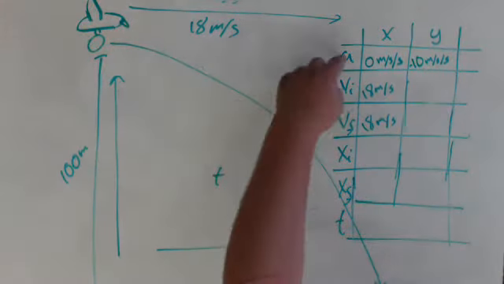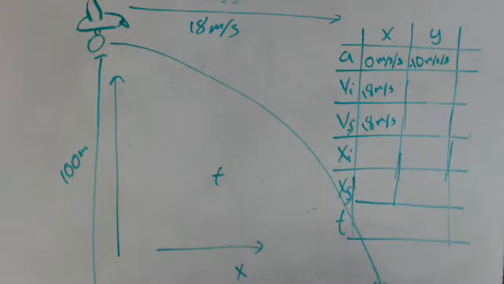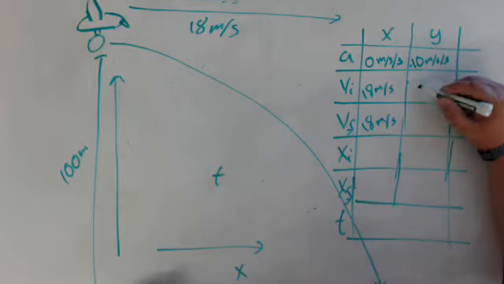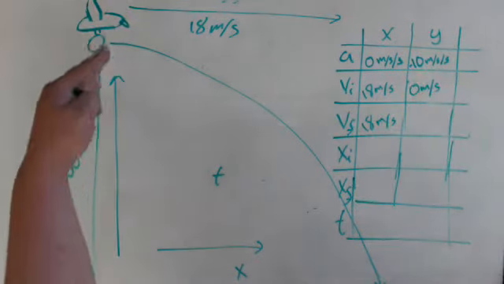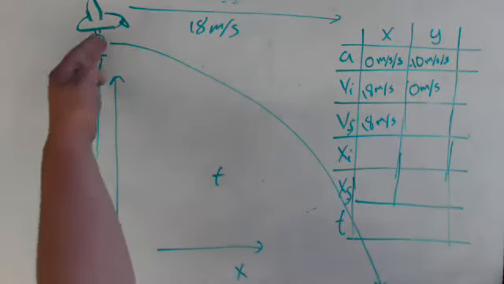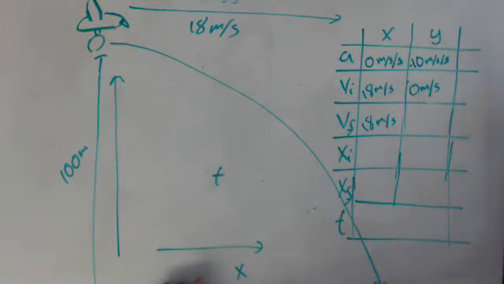Because that value is 0, it means that there's no change. Now, in the y direction, it starts off as 0. It's not being thrown down, so it doesn't have any motion in this direction initially, but is quickly taken by gravity and accelerated downwards. By the time it hits the ground, it does have a velocity, obviously, but we don't know what that is.